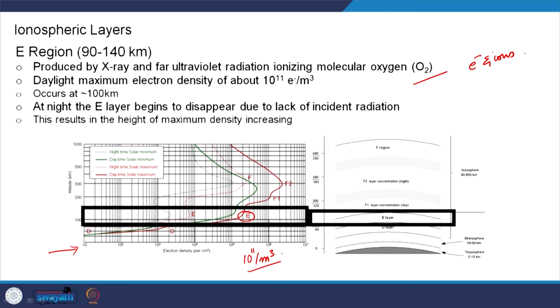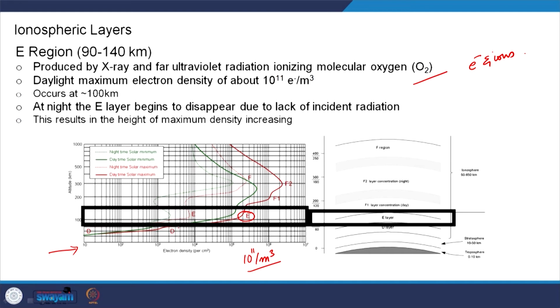During the night, the E layer begins to disappear because of the lack of incident radiation. If you see, the nighttime densities are indicated with the dotted curve. The solid red line is the ionospheric electron density during the solar maximum, and the dotted red line is remarkably weak in density and starts to disappear due to the lack of incident radiation.